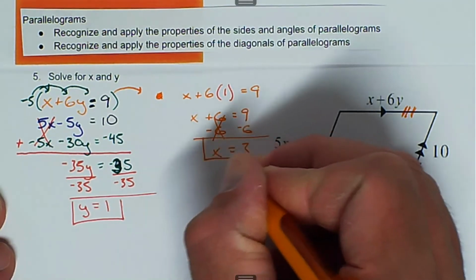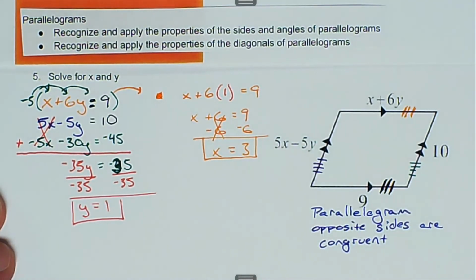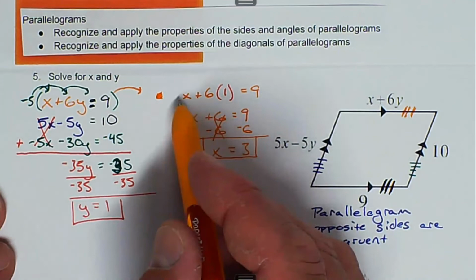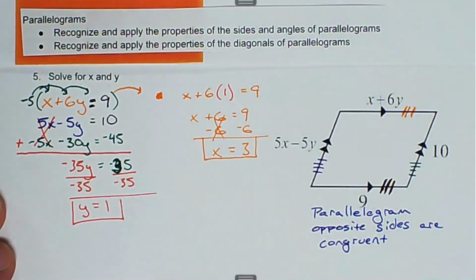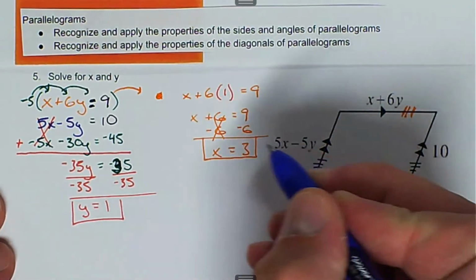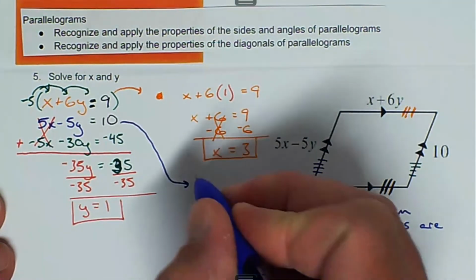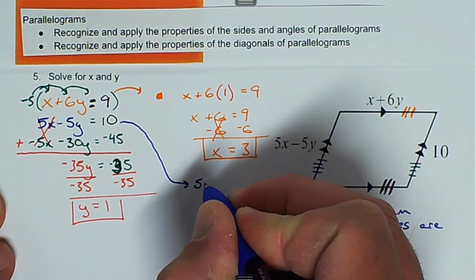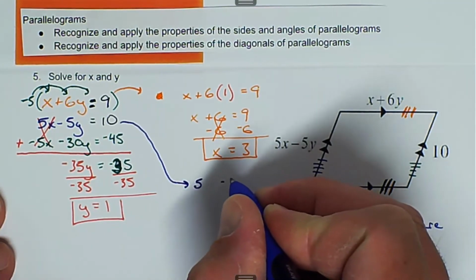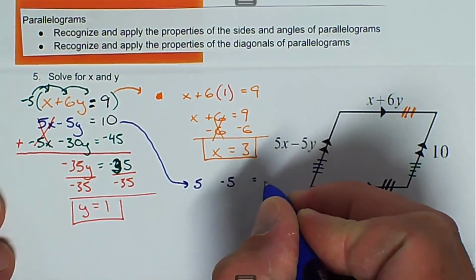Then we can do a quick check where we take the other equation. So we used this top equation. Now we're going to use the bottom equation right here, and we're going to substitute in x and y and see if it still makes sense. So we have 5 something minus 5 something is equal to 10.